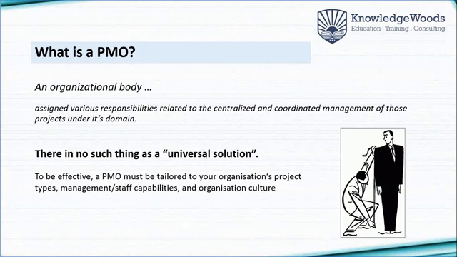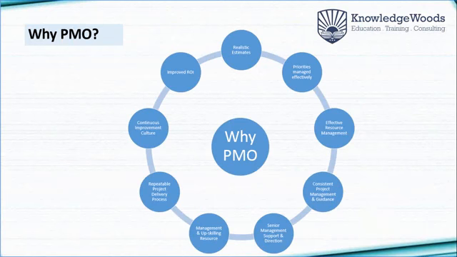Some of the reasons why we need a PMO are to ensure that estimates are realistic, project priorities are managed effectively based on timelines and budgets, there is effective resource utilization and management, and there is consistent application of standard practices, processes, tools, metrics, and templates.